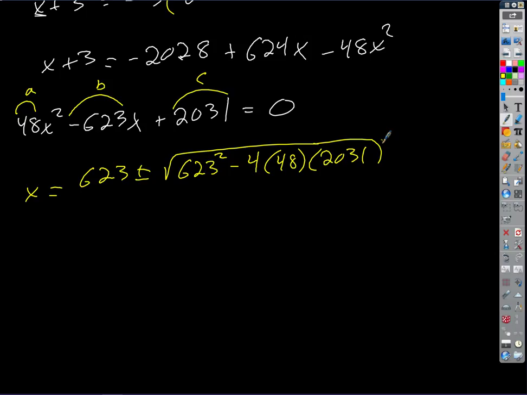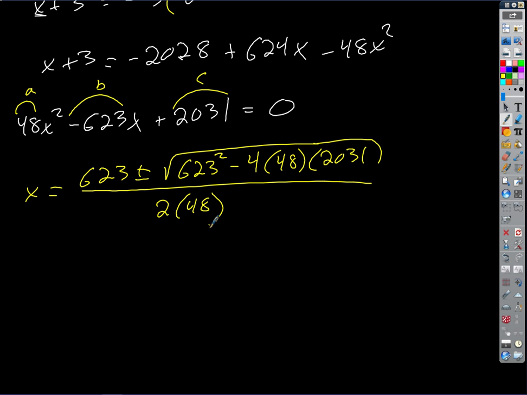That's gonna be a pretty big number, isn't it? Right? So what might happen here? Inside the square root, the discriminant might be negative, right? 623 squared minus 4 times 48 times 2031. That's going to be a bigger number than that, right? I mean, we'll verify it for sure, but I'm pretty confident it is. Divided by 2 times a.